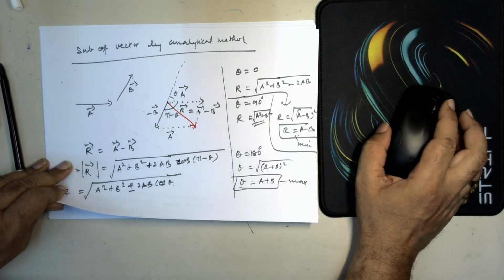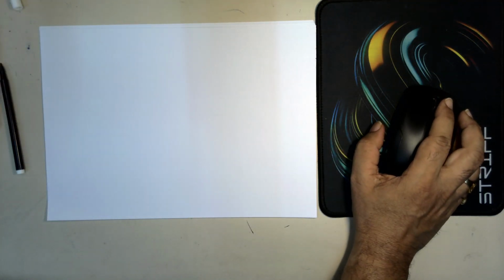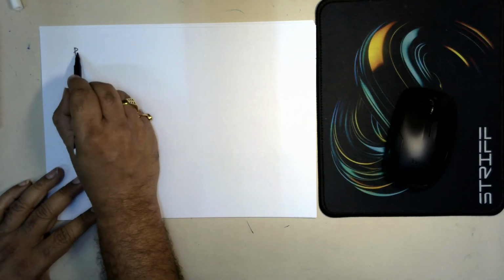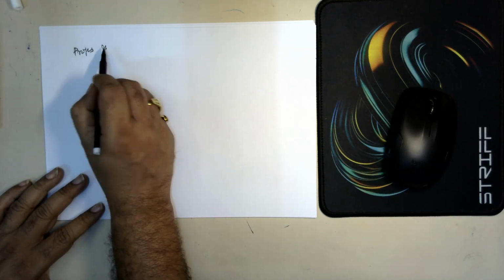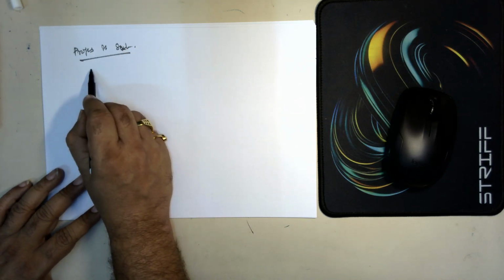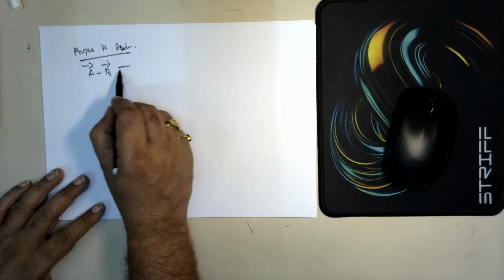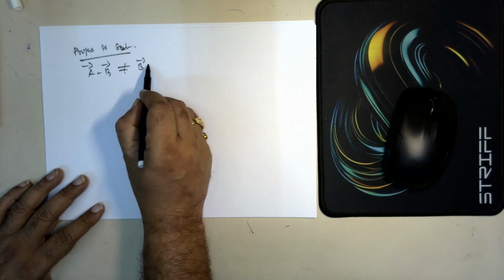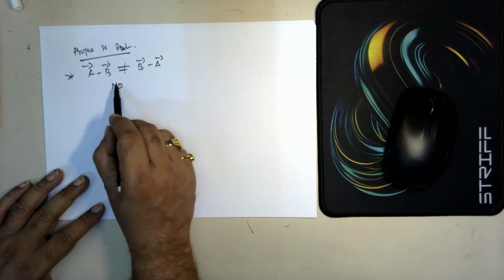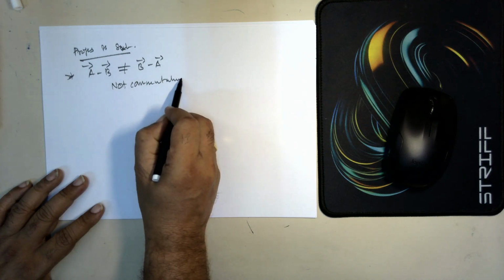And just like our properties of addition of vectors, we have the properties of subtraction of vectors. So take the properties of subtraction. Vector A minus vector B is not equal to vector B minus A. What do you understand from this? It is not commutative. You cannot interchange it.